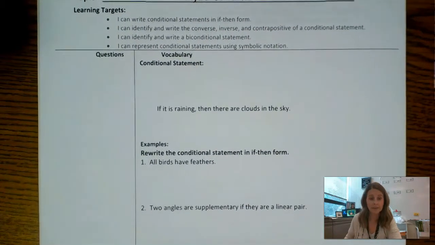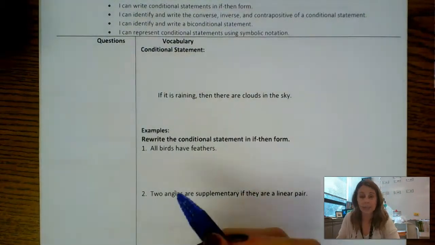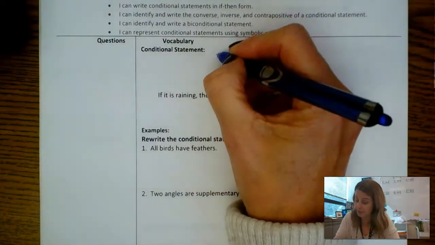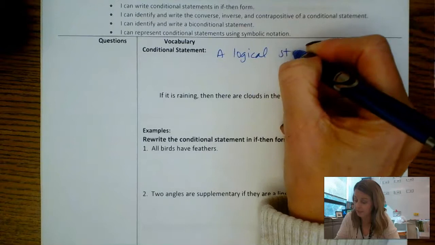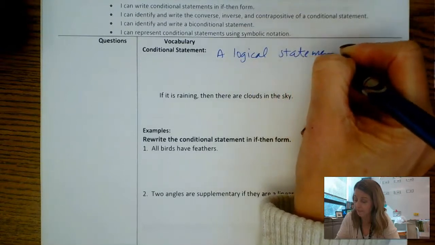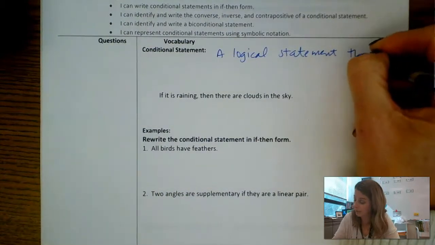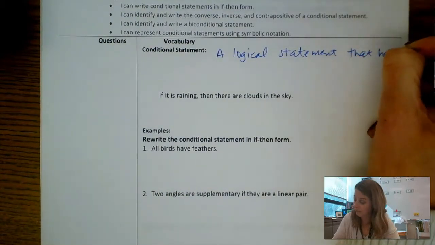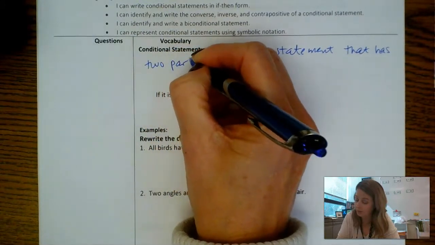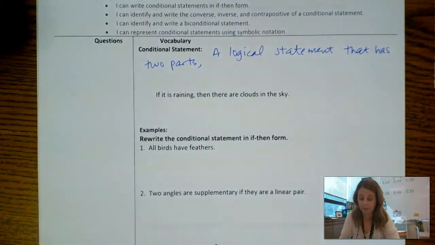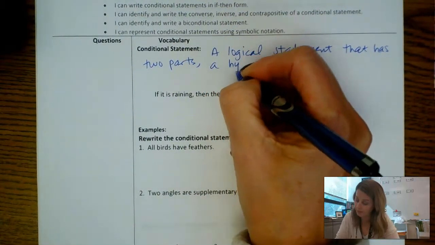All right, at the very beginning here, let's define a conditional statement. A conditional statement is a logical statement that has 2 parts: a hypothesis and a conclusion.